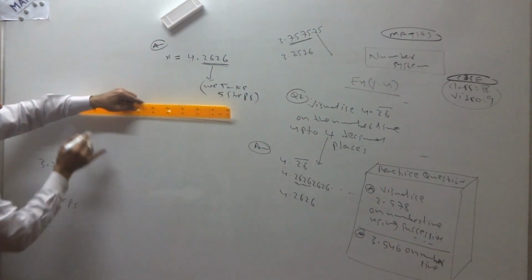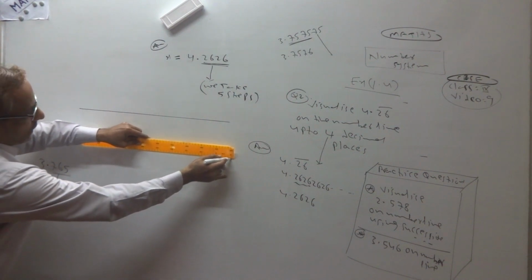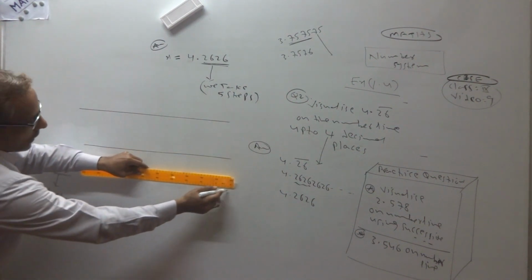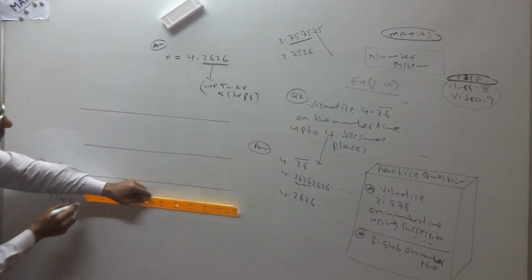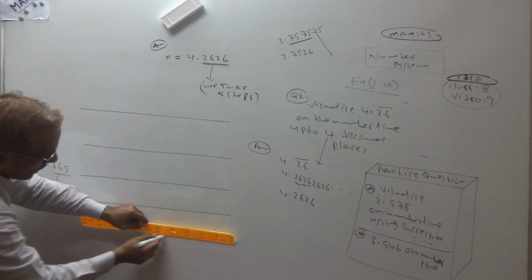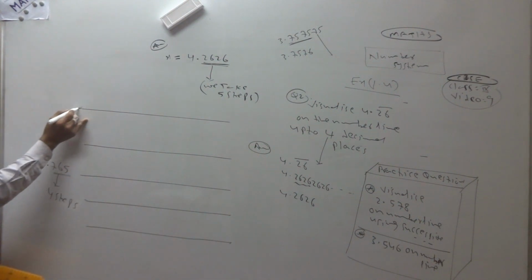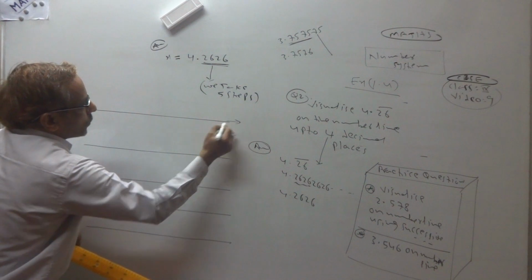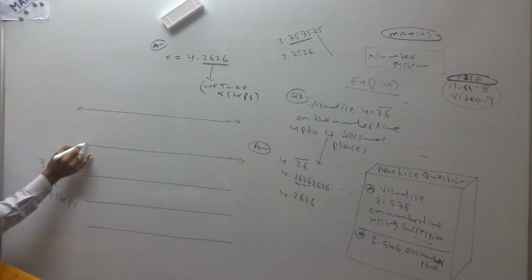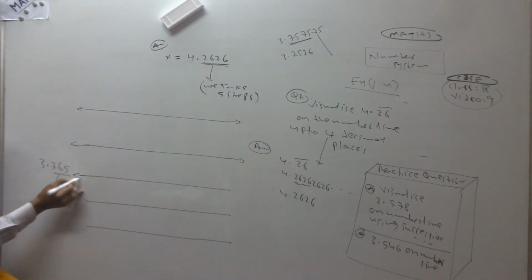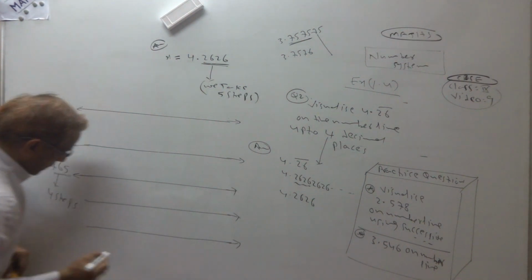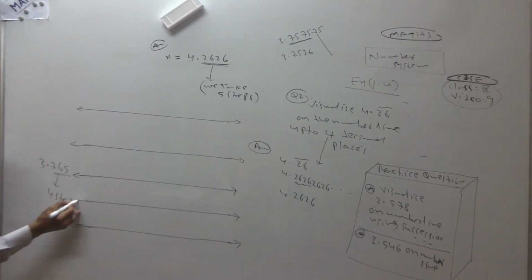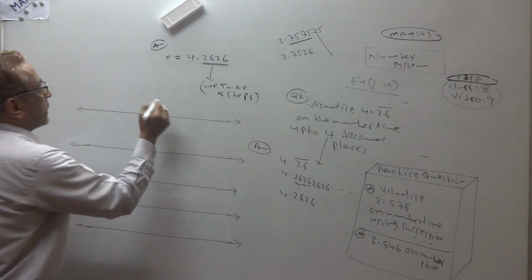First, second, third, fourth, fifth. We take 5 steps. Got? And each step you should take how many points? Mark how many points? Yes. See, each line we have to mark how many points? 11 points. Don't forget.